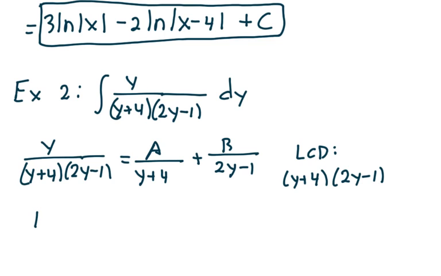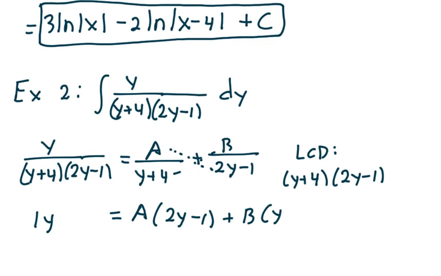And when I do, I get 1y is the same as A times (2y - 1). So essentially I'm cross multiplying and adding. So I get A times (2y - 1) plus B times (y + 4). Just like this.